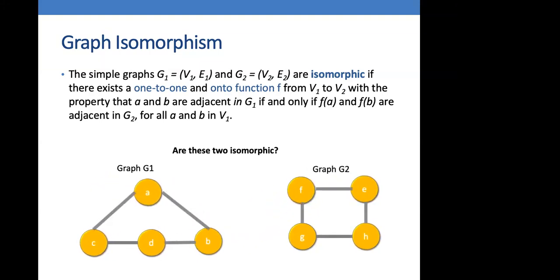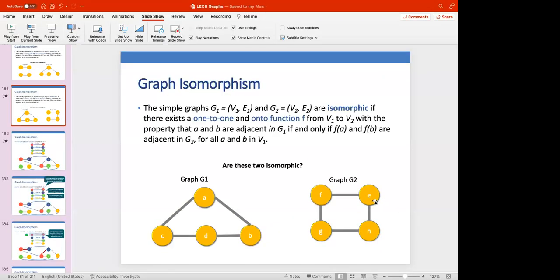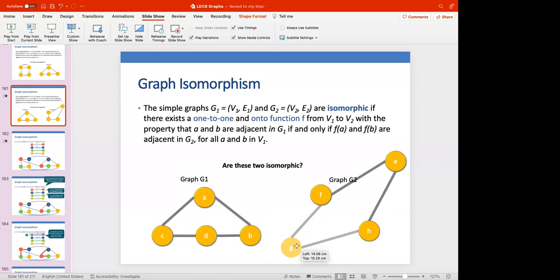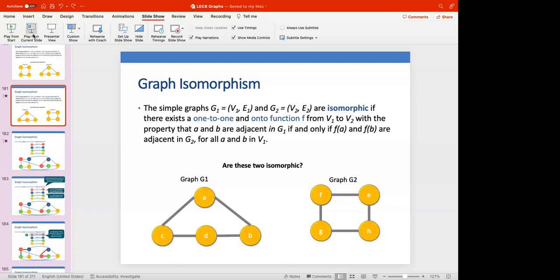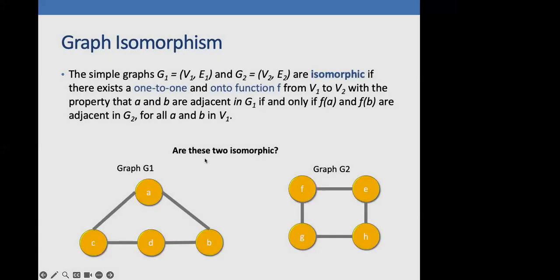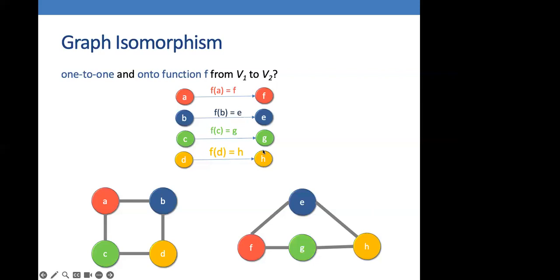So see, they have the same structure. And even if you move the vertex E here and the vertex G, if we stretch E and G, they still have the same structure. Okay? Anyway, let us formalize this property.